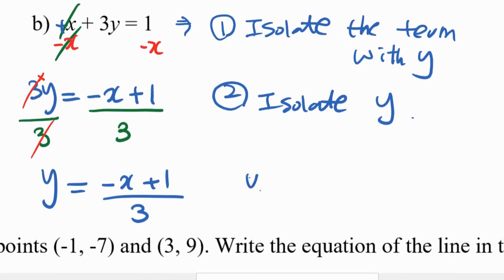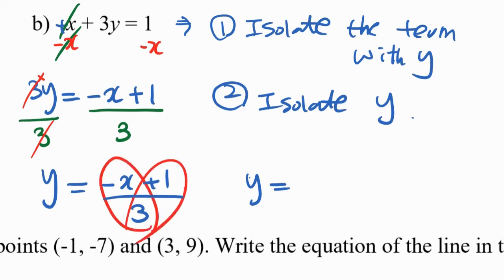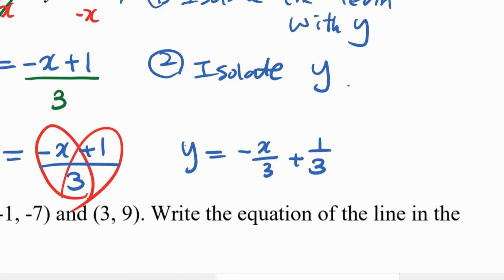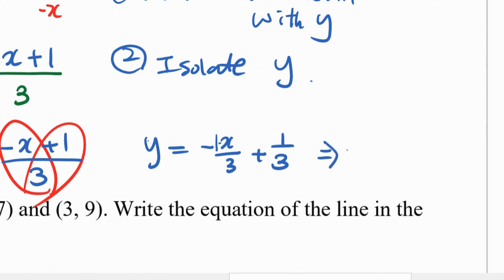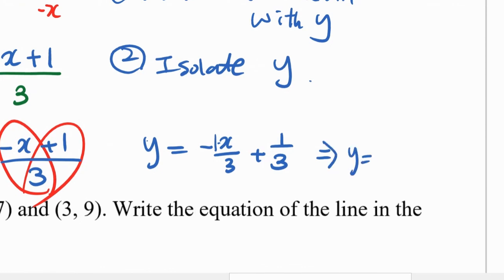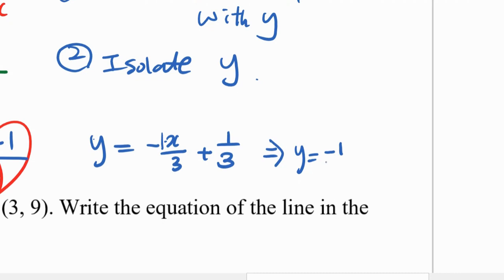When you rewrite it, you separate it. Then that is negative x over 3 plus 1 over 3. Remember everyone, 1 is hiding in front of x. So if you change this, it will be y equals negative 1 over 3x plus 1 over 3.